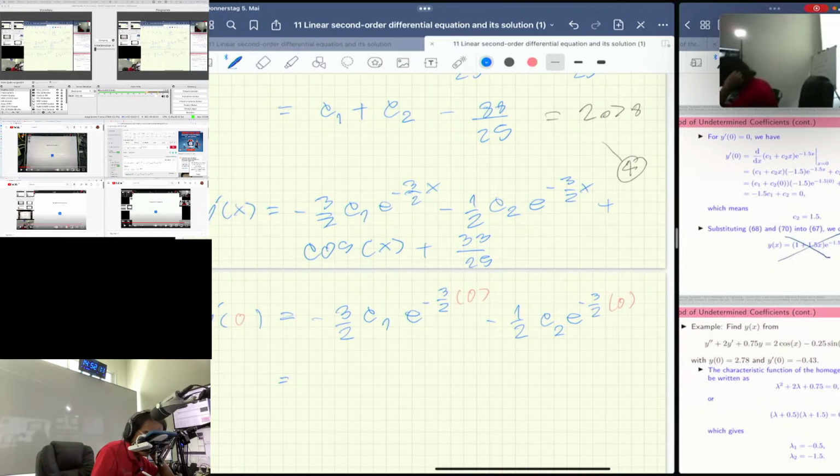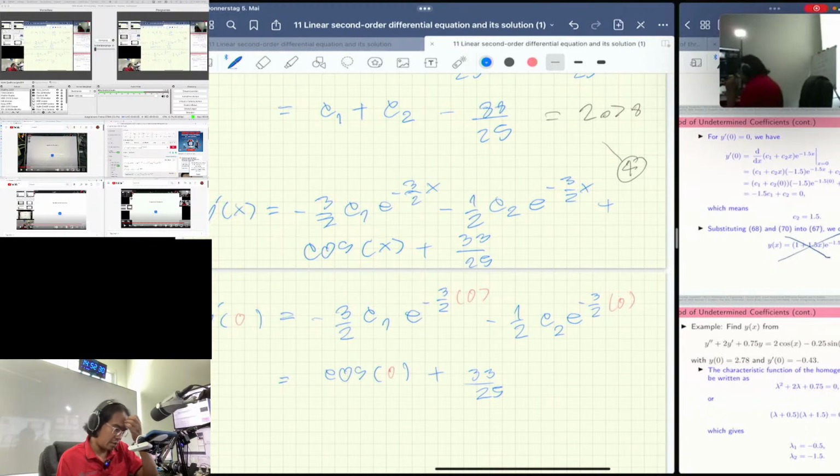And the next one will be cosine of 0 plus 33 by 25, and it should be equal to negative.